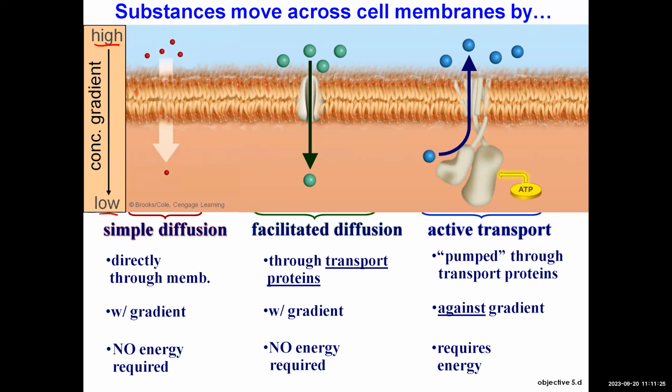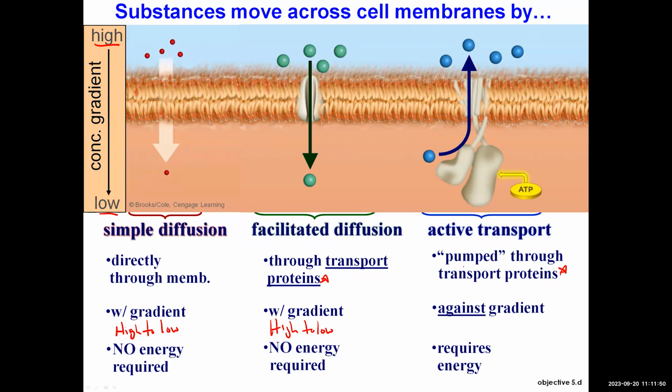So simple diffusion and facilitated diffusion move with the gradient from high to low, and therefore require no energy. Facilitated diffusion and active transport move large molecules and molecules with charges, so they both require proteins.